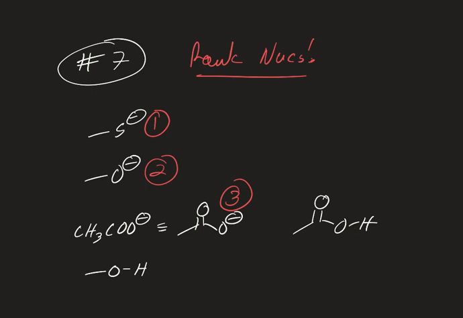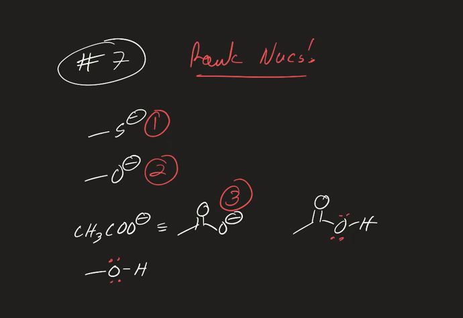But now what about these two? Again, we're really looking at the lone pairs on these things. Which lone pair is more reactive, the alcohol or the carboxylic acid? Well, if you're confused, are acids nucleophiles?